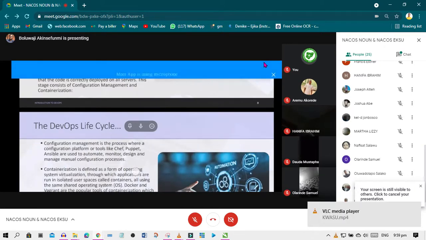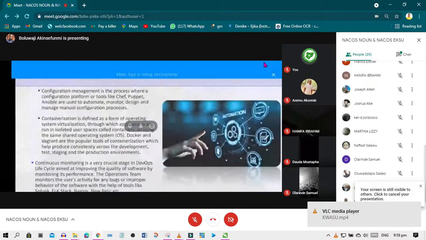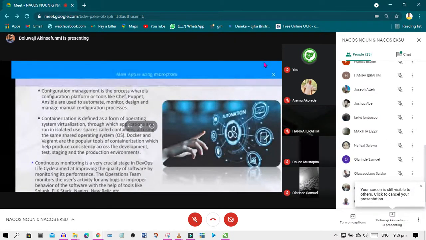Now down to containerization. Containerization is defined as a form of operating system virtualization through which applications are run in isolated user spaces called containers, all using the same shared operating system. Docker and Vagrant are popular tools of containerization, which help produce consistency across the development, staging, and production environments.